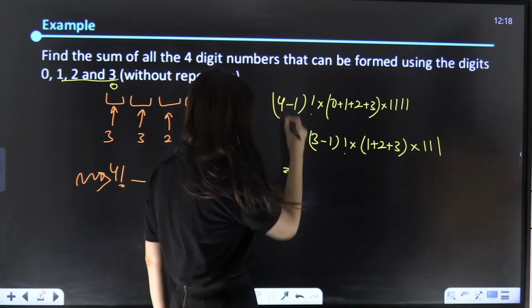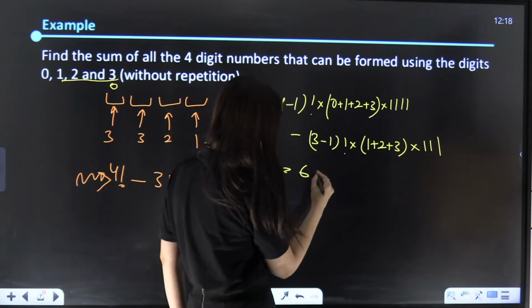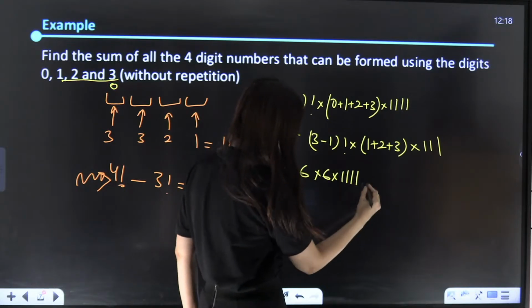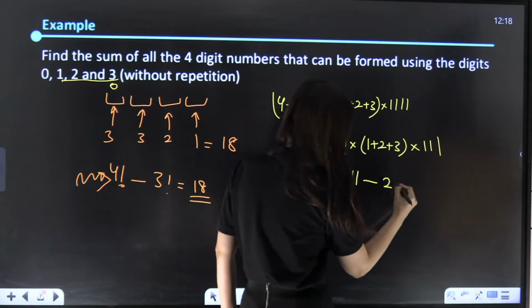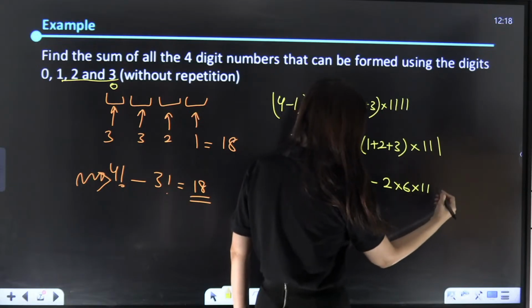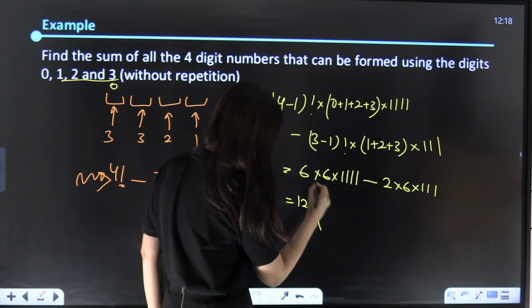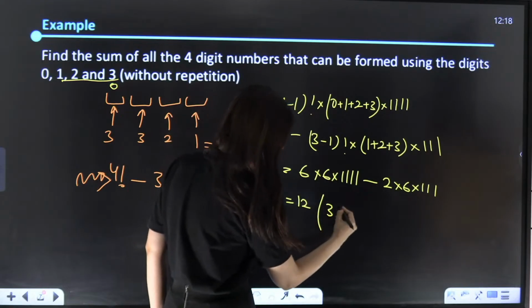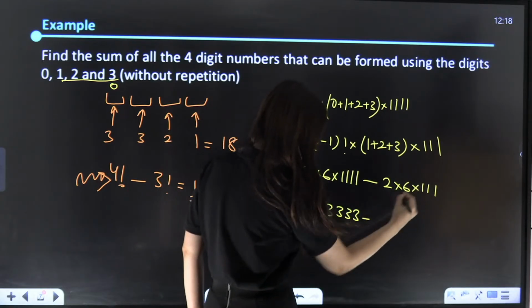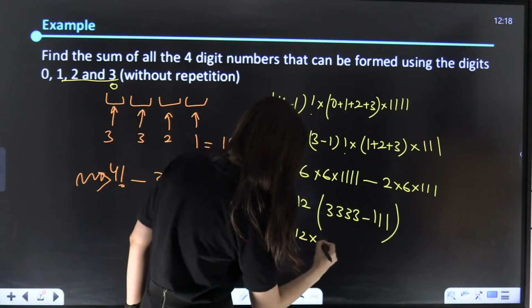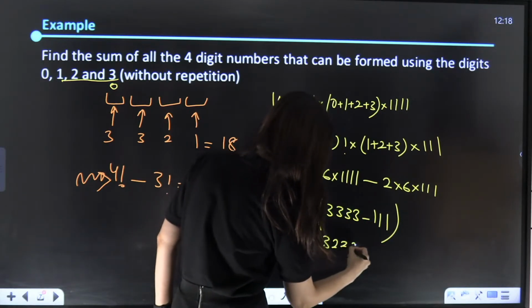If you want to calculate, 3 factorial, that is 6 into 6 into 1, 1, 1, 1 minus 2 into 6 into 1, 1, 1. So we take 12 common. From here we are left with 3, 3, 3, 3 minus 1, 1, 1. That is 12 into 3, 2, 2, 2.